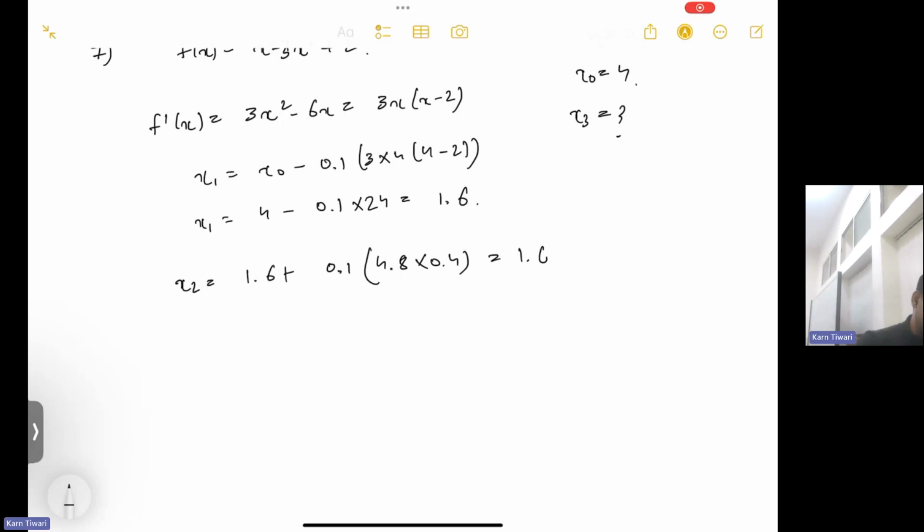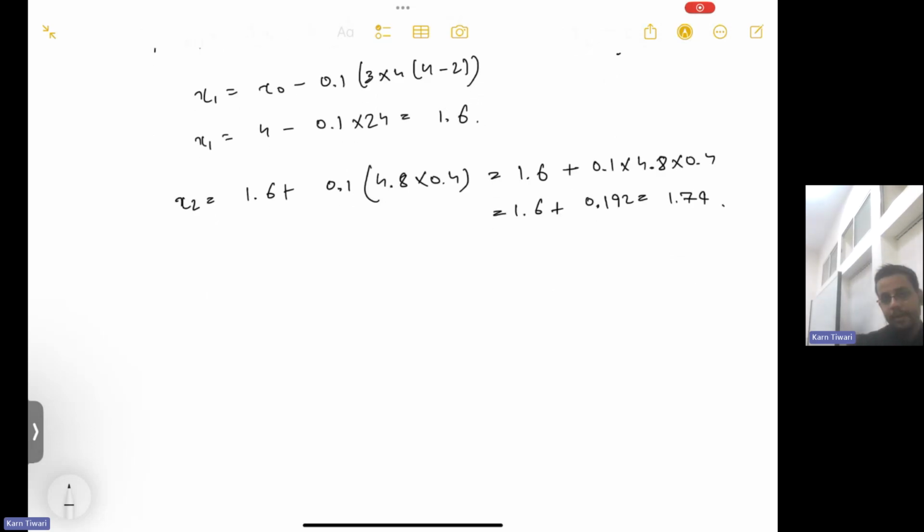If you calculate it, it's 1.6 plus 0.1 into 4.8 into 0.4, which is equal to 1.6 plus 0.192, which is equal to 1.79. This is the value after the second update.